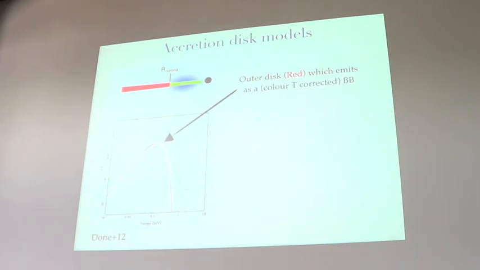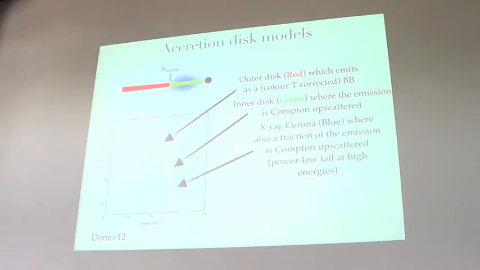The outer disk is in red, which means a color-corrected black body. The inner disk is shown in green, where a fraction of the emission is Compton upscattered, and the X-ray corona in blue, where also a fraction of the emission is Compton upscattered and gives you the power law tail at higher energy.